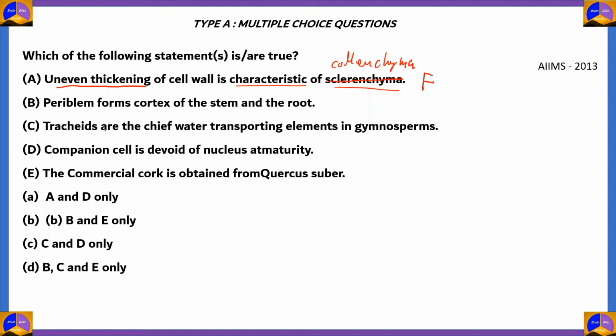Statement B. Periblem forms the cortex of the stem and the root. The periblem forms middle histogen, which later forms the cortex. So statement B is true. What about statement C? Tracheids are the chief water transporting elements of gymnosperms.